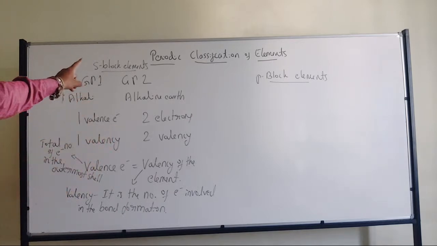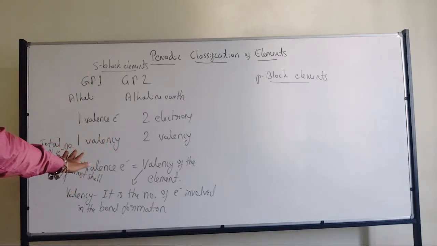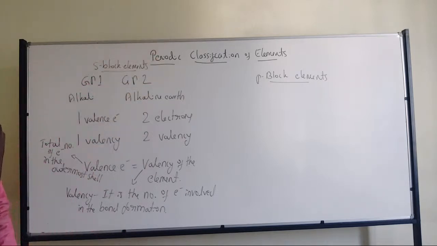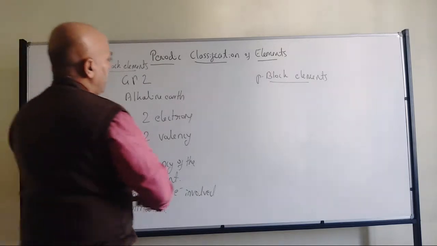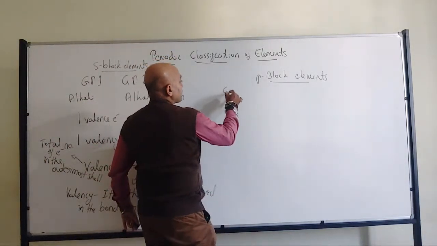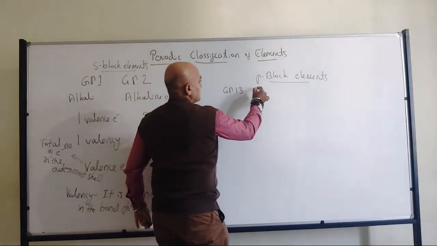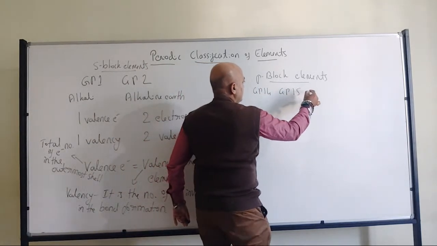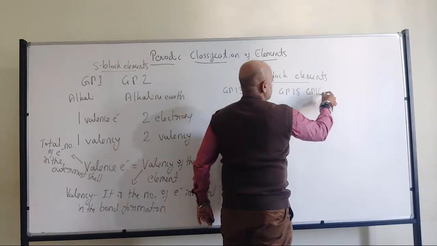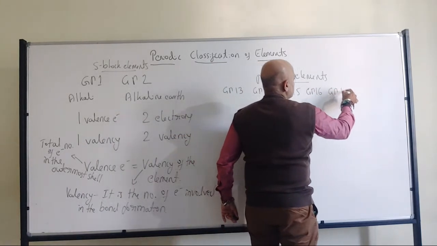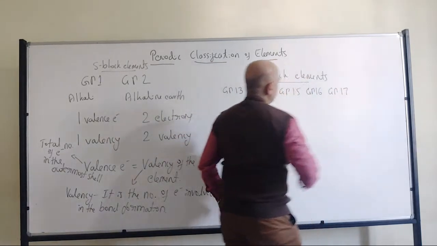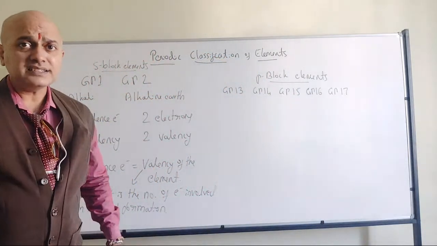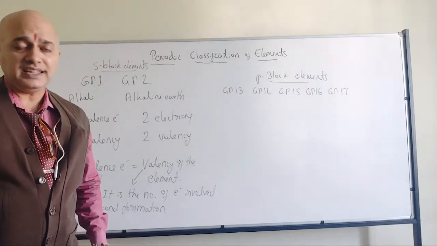That's why this statement is applicable to group 1 and group 2. Now, when it comes to P block, we have group 13, group 14, group 15, then group 16, group 17. Group 18 we will not consider for the time being because they are inert gases. We will stop at group 17.